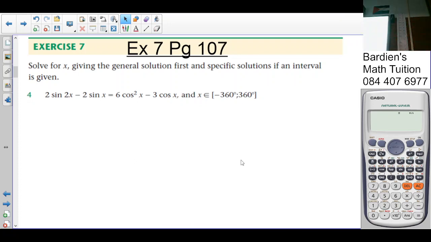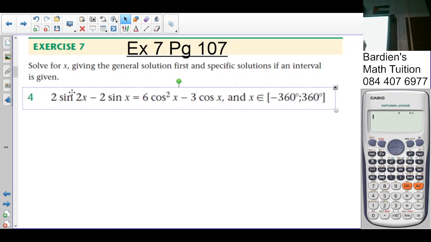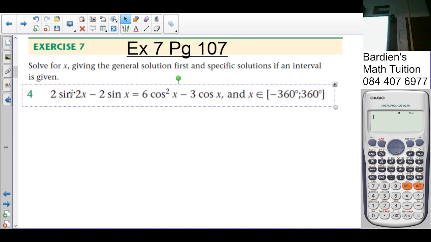Give the general solution first and specific solutions if an interval is given. So you gave me quite a few sums to do, so I'm not going to go all the way. I'm just going to take you up until the point where you can apply the general solution. I think the main problem is getting it into a form that we can take the general solution from.